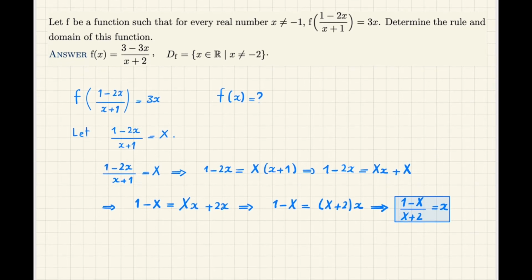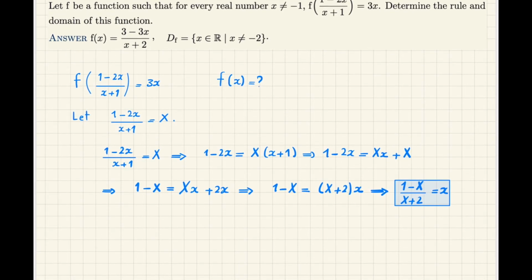Now you go to your function here, to this equation. Instead of this expression you can write capital X, and instead of little x you can replace this expression in. So what you get is this. You will get f of capital X is equal to 3 times little x.